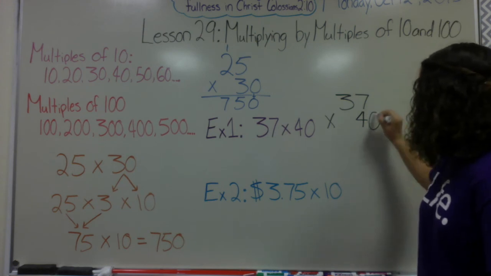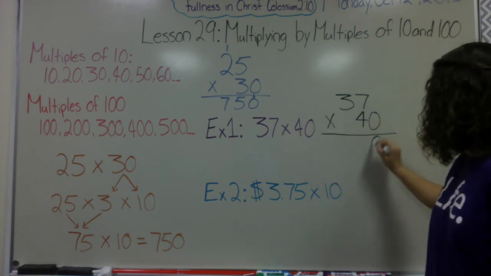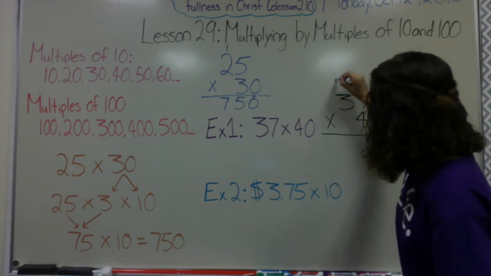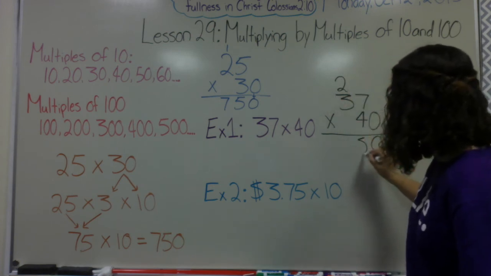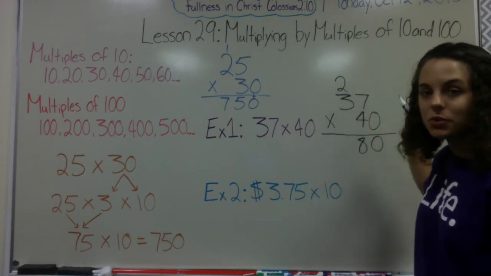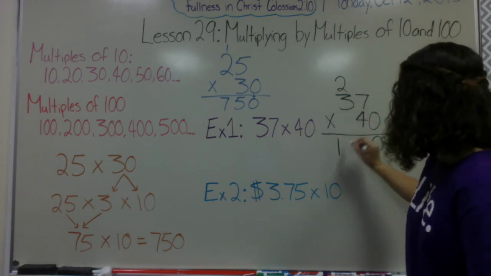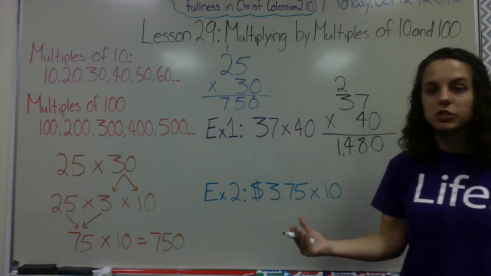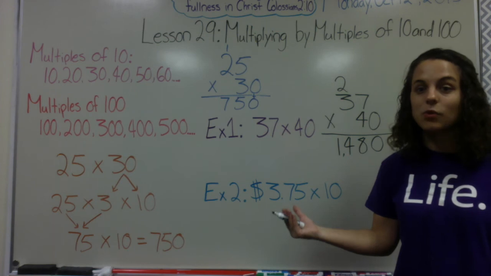My 0 will come down, but I'm just going to do 4 times 7, which is 28. Carry my 2, put down my 8. 4 times 3 is 12, and 12 plus 2 is 14. That's 1,480.